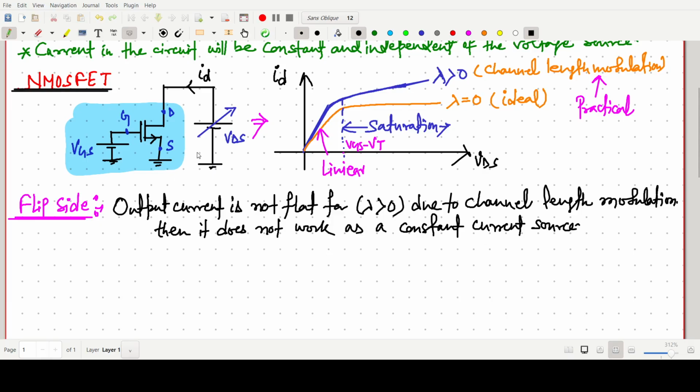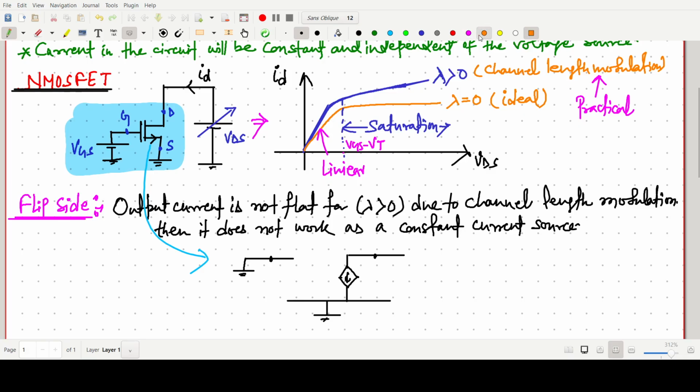And one more thing, if this one is our circuit and we do a small signal analysis, I just want to show how we will improve the constant current source concept. This one is the gate terminal, as we know, drain, and the source is grounded.